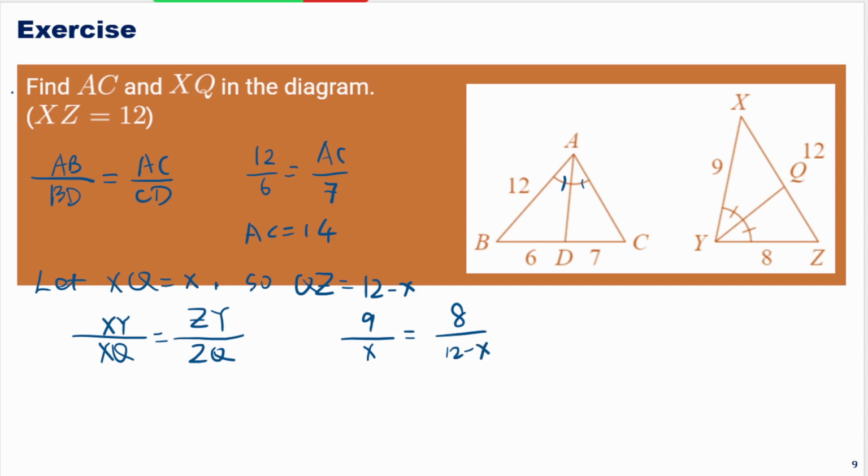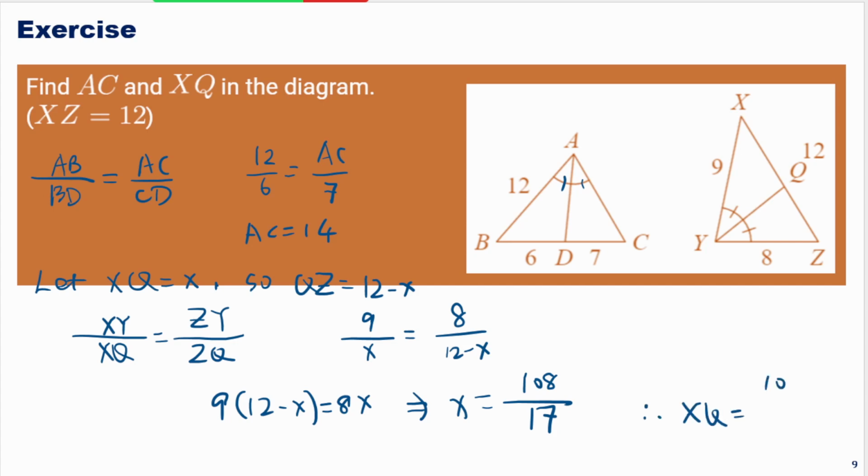Cross multiplication gives us an equation in which we can solve for the value of x, right? This gives us x equals 108 over 17. Any questions?